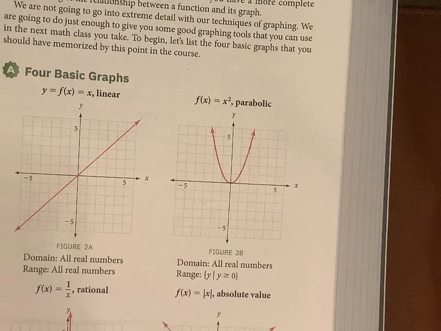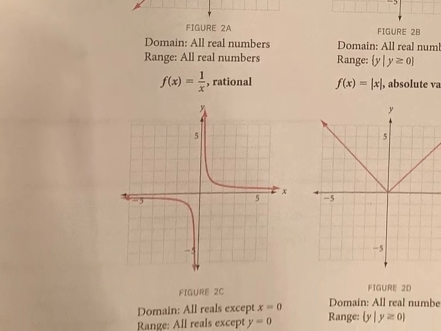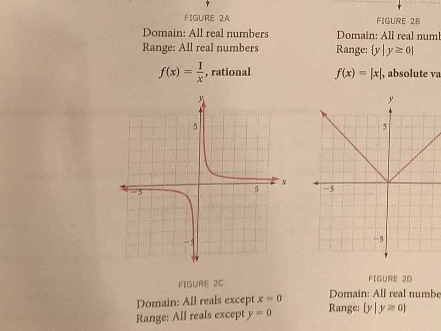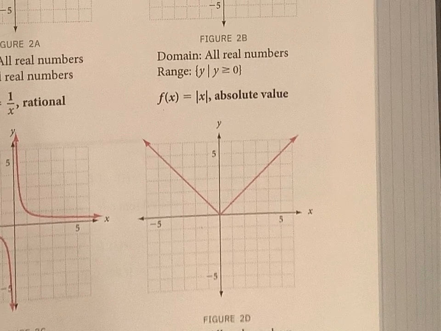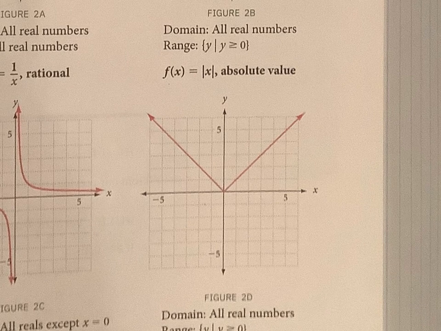All right, let's keep going here. If the x, the variable, is in the bottom, it will make 2 graphs, and they will be opposite each other like this. Okay, and then let's move on. If it is an absolute value, it will start at the origin and go to the left and go to the right, as long as there's no number added to it.